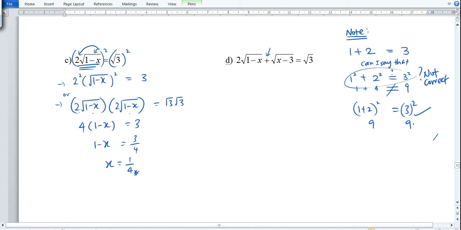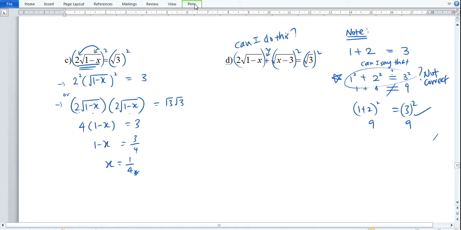So now let's come back to this question. Can I do this? Take a look at this again. It is not correct to basically just add squares suddenly to each term.